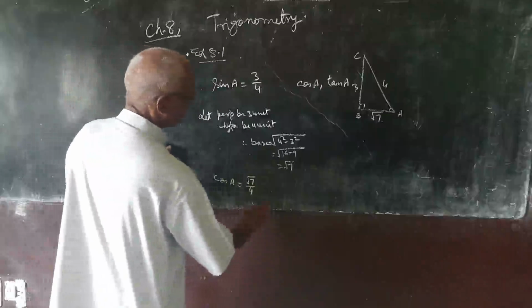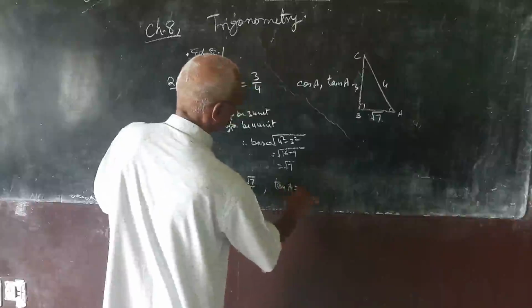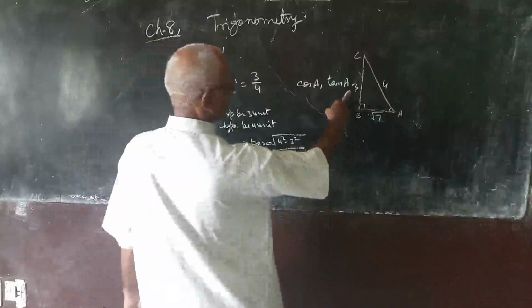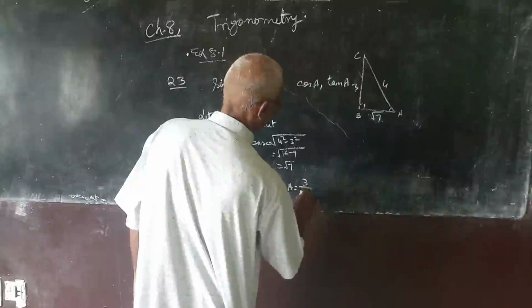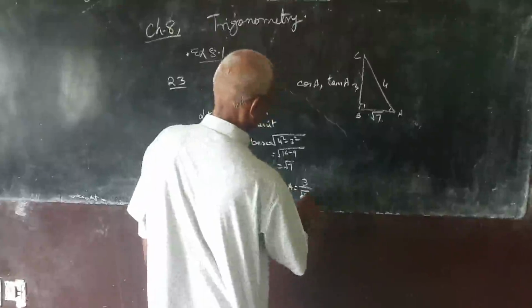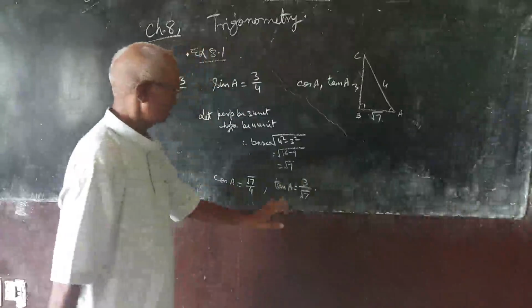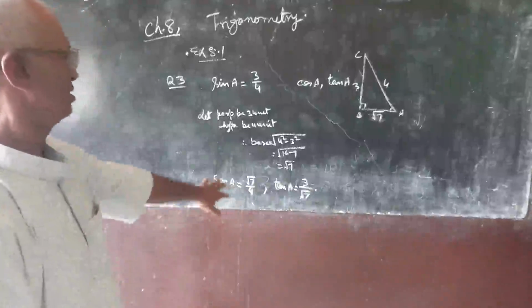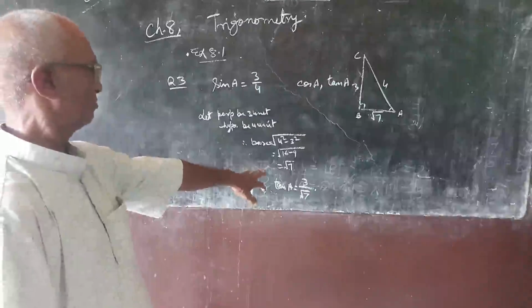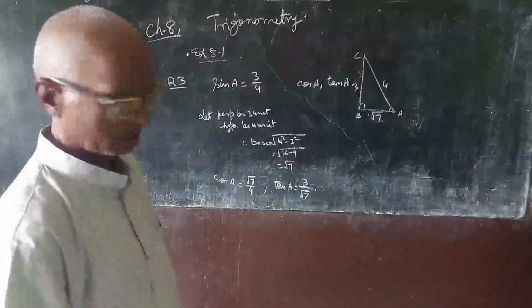And tan A, I am doing here, tan A is required here. Tan A will be perpendicular upon base, that is 3 upon root 7. Though we won't keep root in the denominator, I put it here because it is simple. Simply perpendicular upon base, and it is base upon hypotenuse.